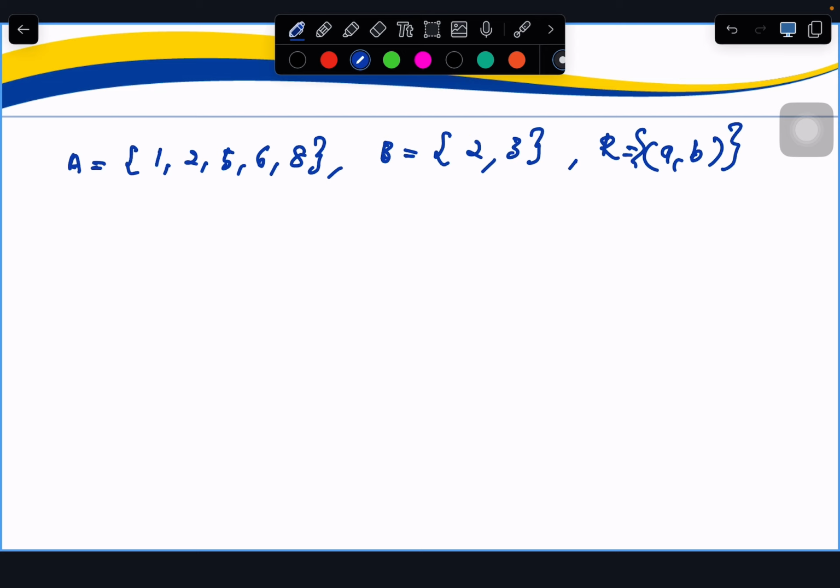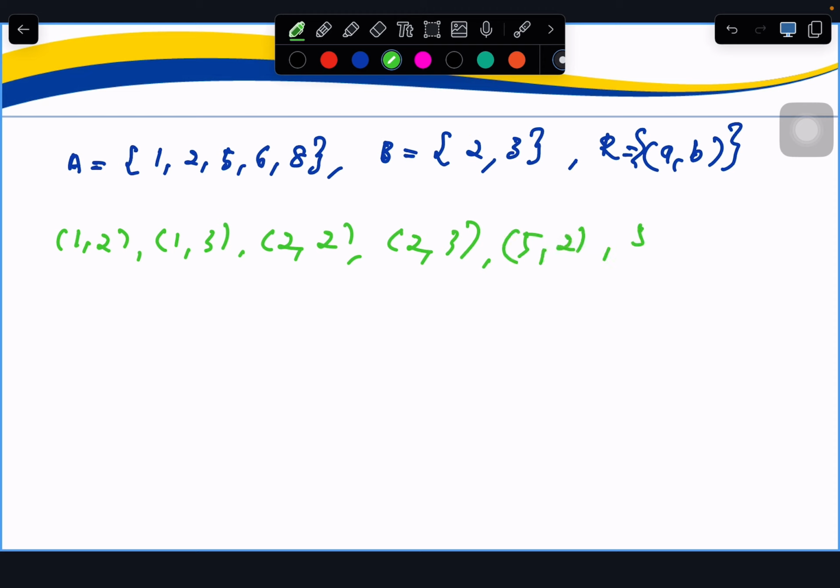So probably we have (1, 2), (1, 3), then (2, 2), (2, 3). What else? So many. (5, 2), (5, 3), (6, 2), (6, 3), (8, 2), (8, 3).